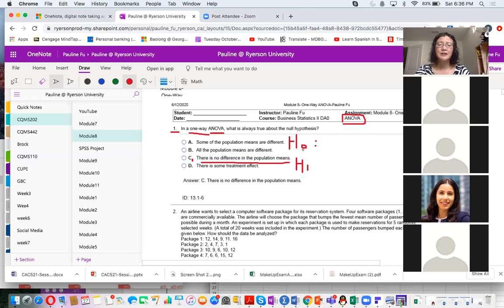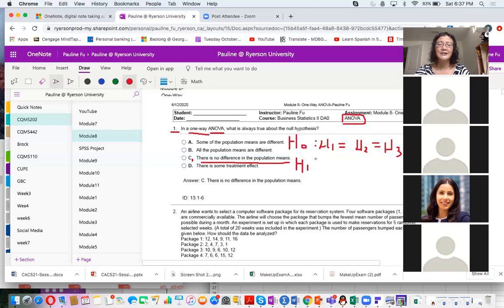Using mathematical expression, if you use mu1 to represent population 1 mean, so you have mu1 equal to mu2, where mu2 represents population 2 mean, and then mu3 represents population 3 mean. So all three population means are the same, okay?